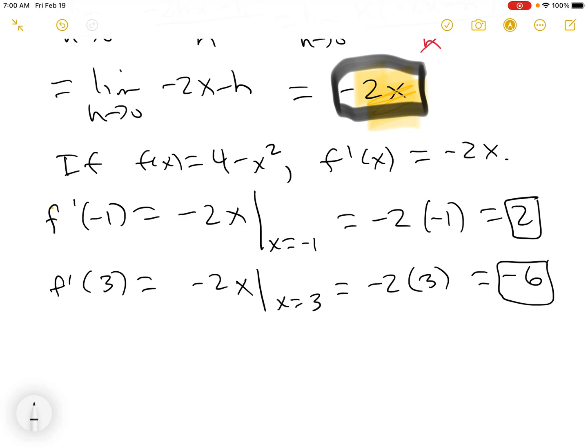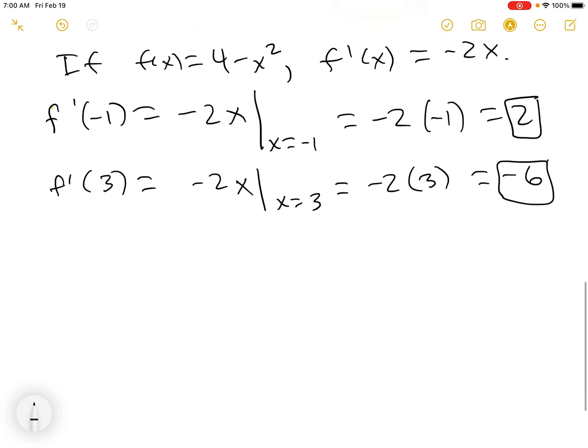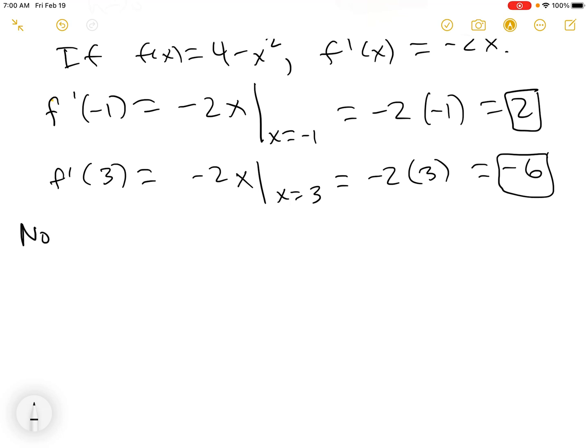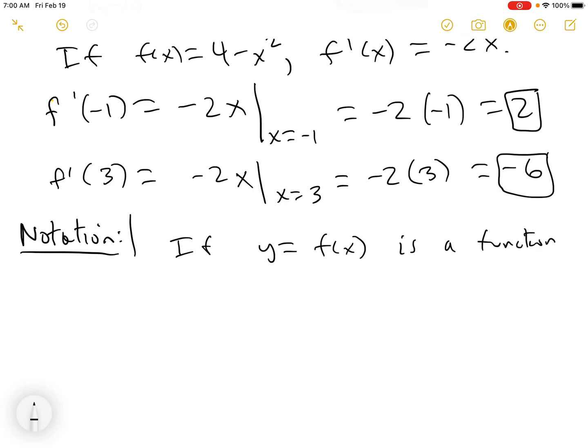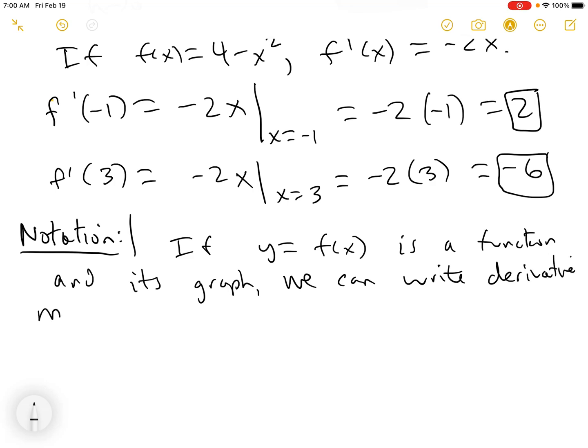Okay, so just a note on notation. If y equals f of x is a function and its graph, we can write the derivative many ways.